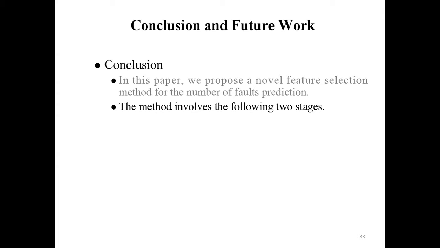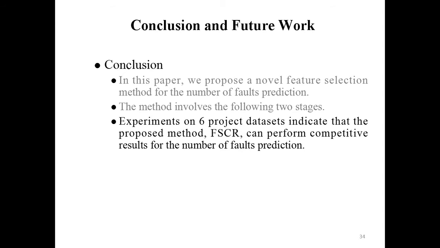In the second stage, we select the highly relevant features from each cluster. Experiments on 6 project datasets indicate that the proposed method, FSCR, can achieve competitive results for the number of faults prediction.